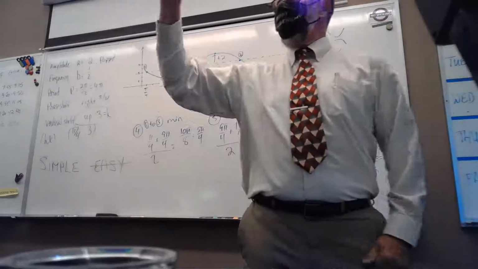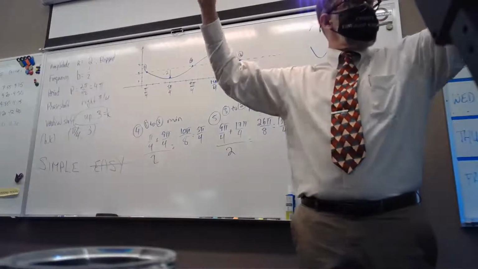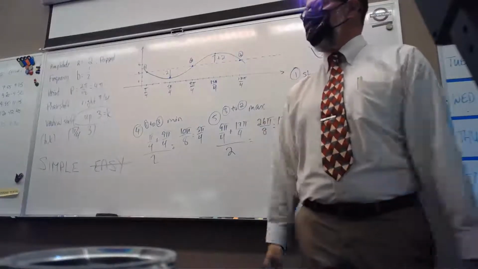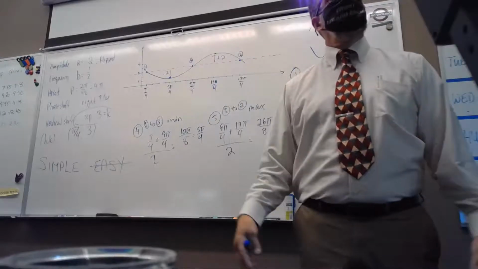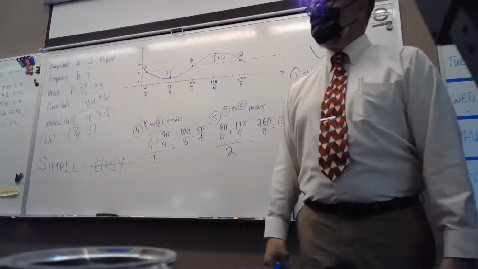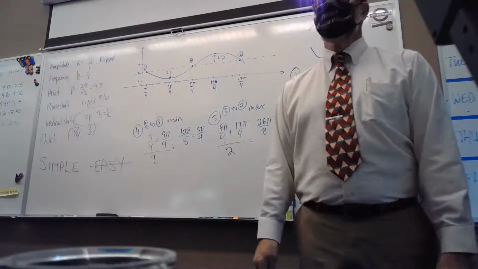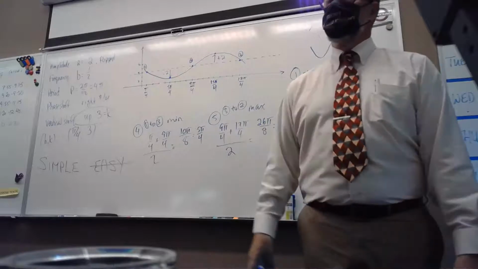Remember, the center line was on the x-axis, and then we shifted the whole graph up 3. So the center line's now at 3. It's just like an asymptote in that respect. If a function has an asymptote and you vertically shift it, it's got an asymptote that's now vertically shifted by that much. Questions?